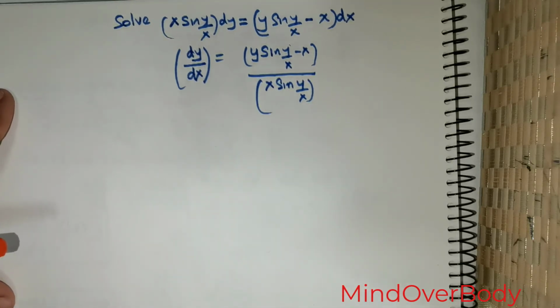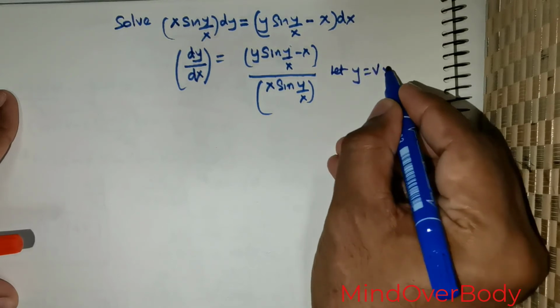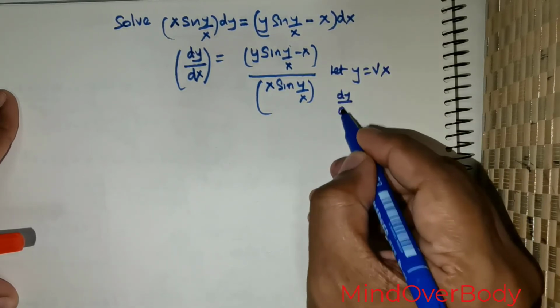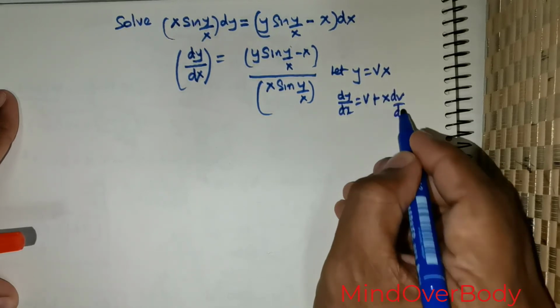So as a first step, we will take, let y be equal to v times x, and then dy over dx is going to be v positive x times dv over dx.